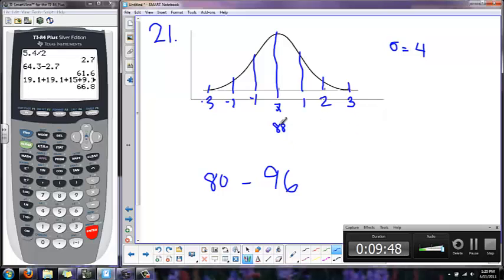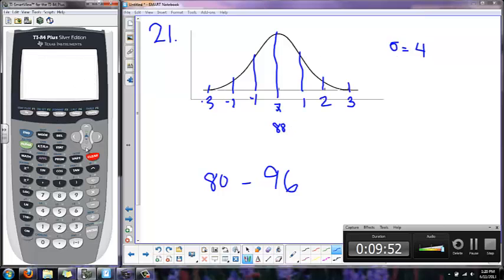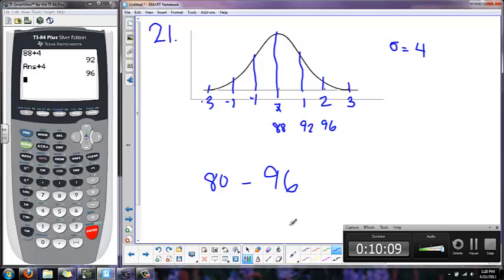Okay, so if this is my average and that's my standard deviation, let's go in the positive direction first. It really doesn't matter, but 88 plus 4 is a 92. And then if I add another 4, that's a 96, which is exactly what I wanted to find. So this 96 lies at the positive 2 standard deviations away from the mean.